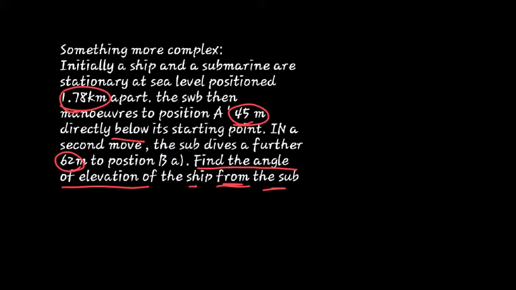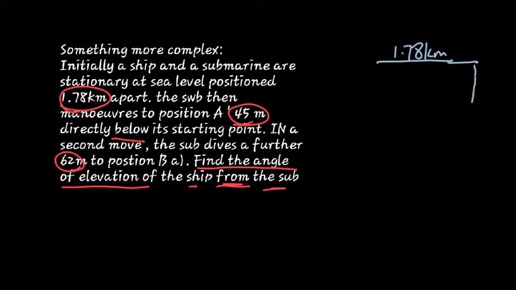So let's start by drawing our diagram. So we've got our sub and our ship. So that's 1.78 kilometres. So remember, one of these is in kilometres and the other one is in metres. So you need to be careful of that. Then we're saying that the submarine moves down 45 metres directly below its starting point.